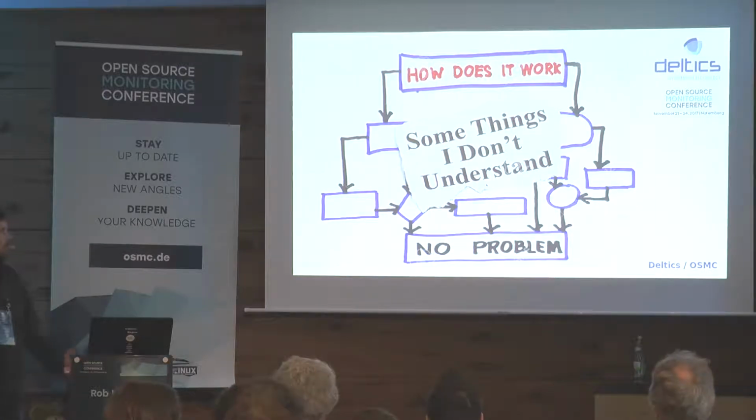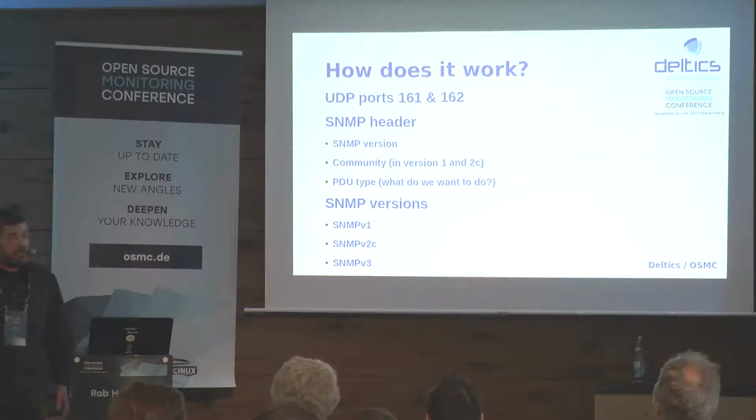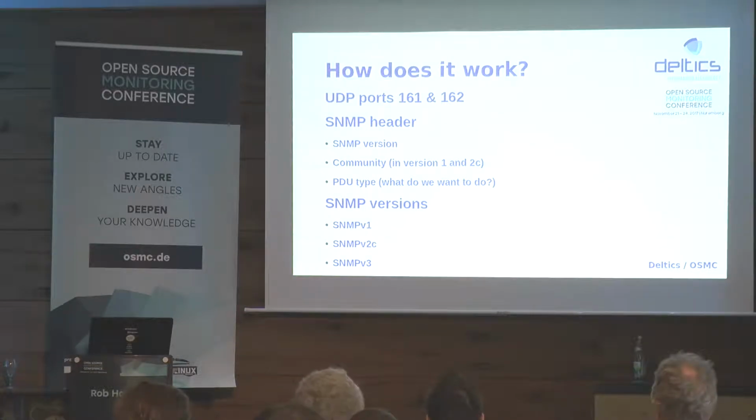The problem is we maintain a lot of networks from our customers, and the customers don't want us to install extra software on their machines, but they still want them monitored. So our solution was to use SNMP so we can still look at the different things we need to know from the systems, if they're still working okay, or if a hard drive runs full, or if memory is overloaded. I'll get a bit more technical and into depth on how it works. It's using UDP, port 161 for asking stuff from the device, and 162 for SNMP trapping. SNMP trapping, I'll explain later. It has an SNMP header that contains the SNMP version, and a community, at least in versions 1 and 2C, and a PDU type. The PDU type is what we want to know, what we want to do to the system.